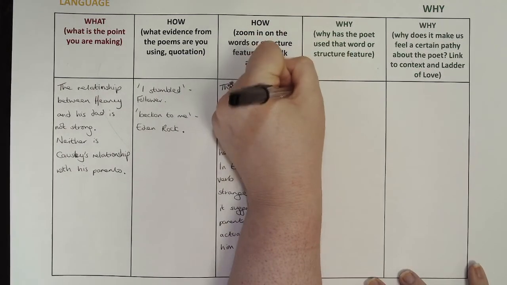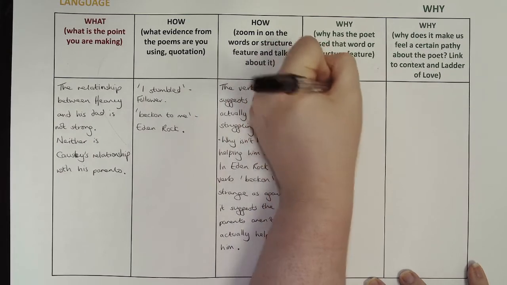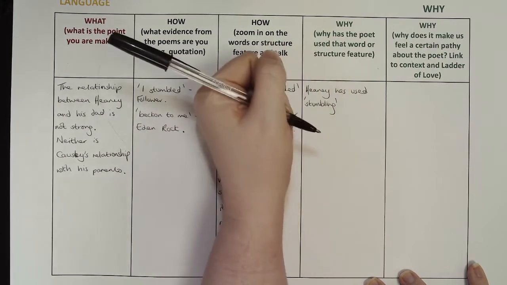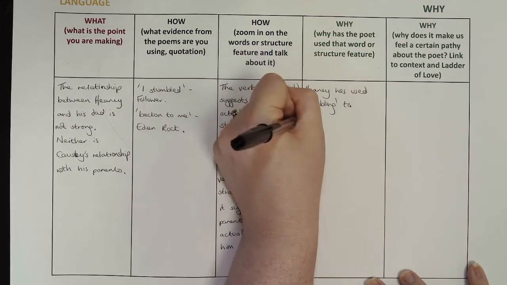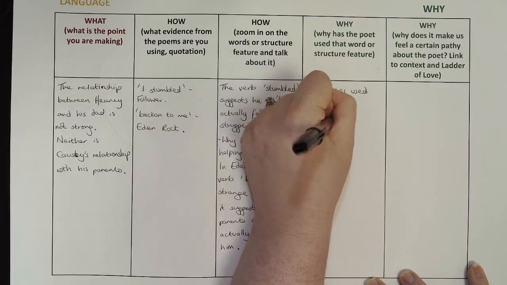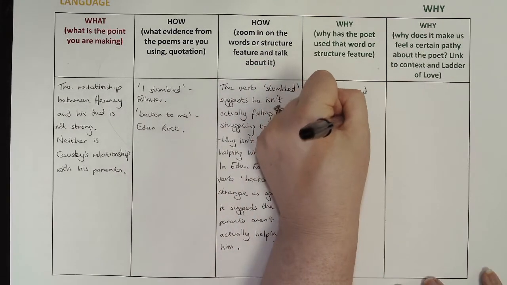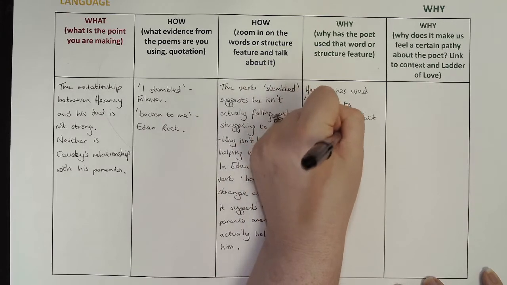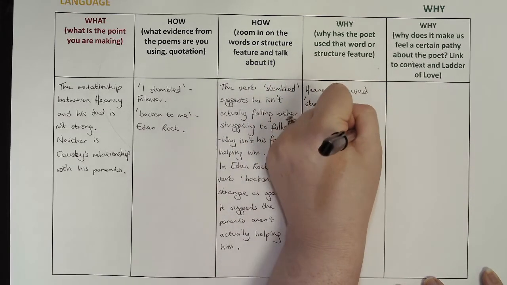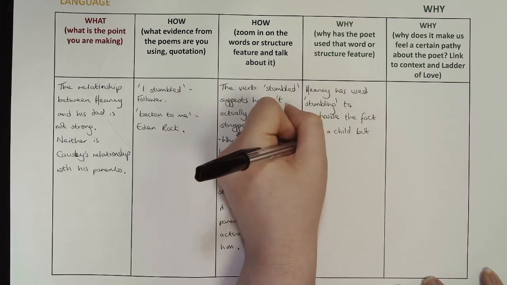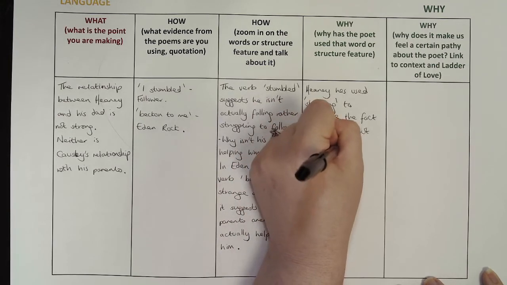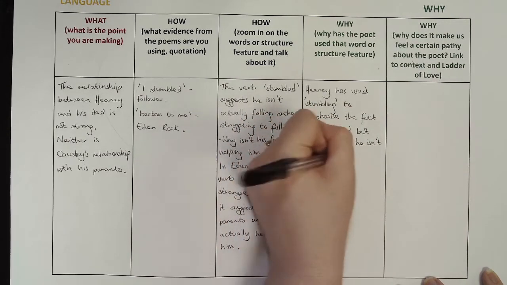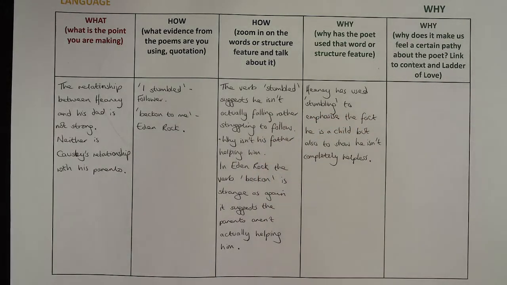So, Heaney has used "stumbling", and I almost forgot putting quotation marks around it, to emphasise the fact he is a child, but also to show he isn't completely helpless. If he was completely helpless, he would have fallen over.